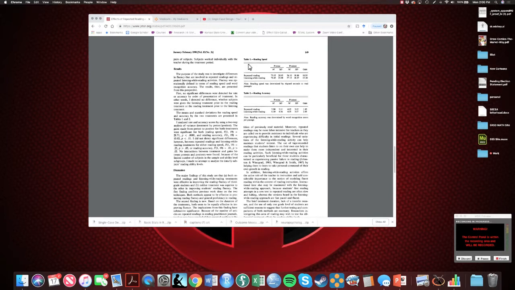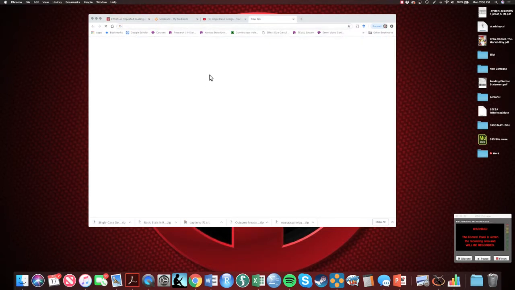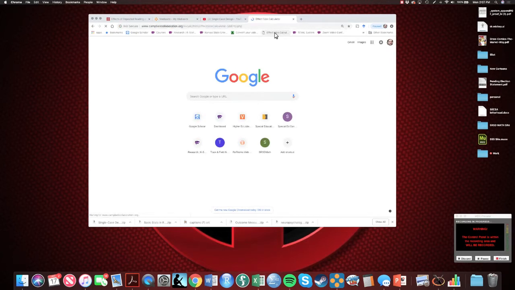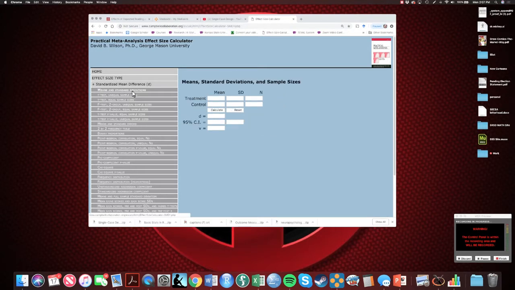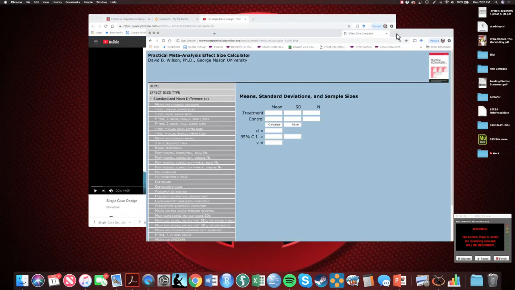So what we'll want to do to calculate the effect sizes is go to this website, and I'll put the link on the Canvas site. Generally speaking, we go to means and standard deviations, and we do the treatment group. Let me put this into two windows.